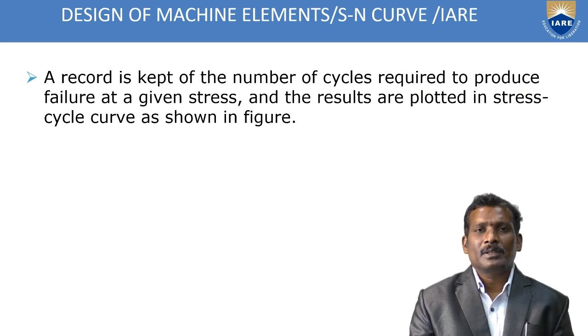Actually, in the SN curve a record is kept of the number of cycles required to produce failure at a given stress value, and the results are plotted in a stress cycle curve.